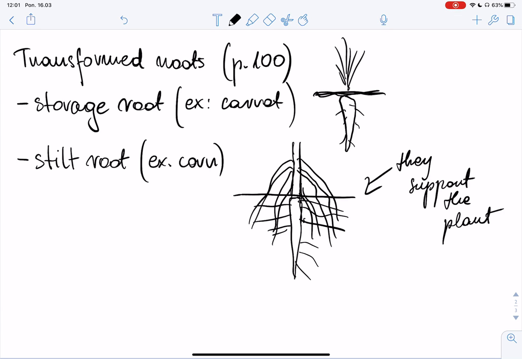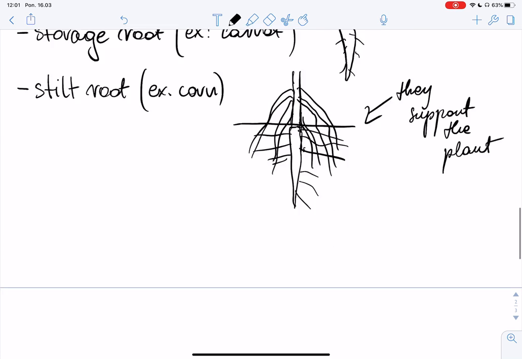On the lowest part of the page, you can see an example of anchor roots. Anchor, kotwica, that's the part that the ship drops when it wants to dock. And it's heavy and it holds the ship in place. This is hence the name.